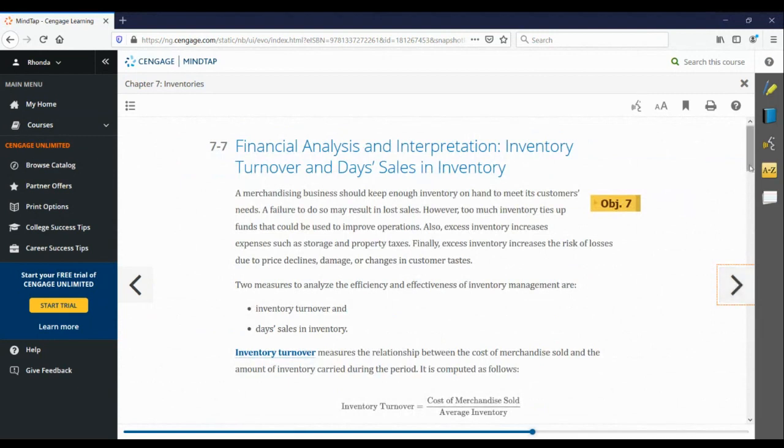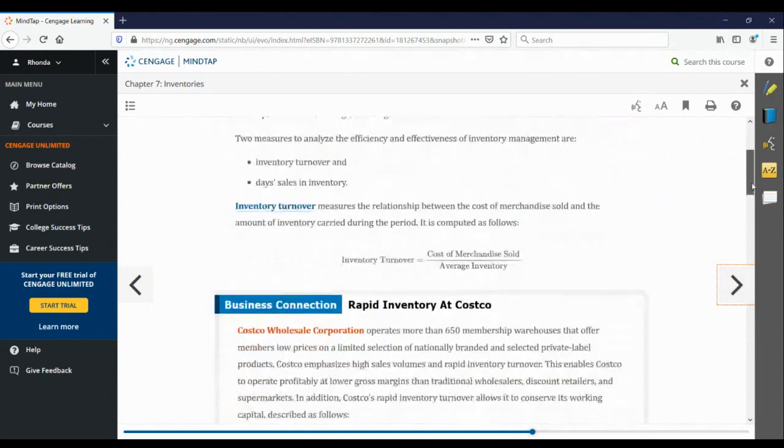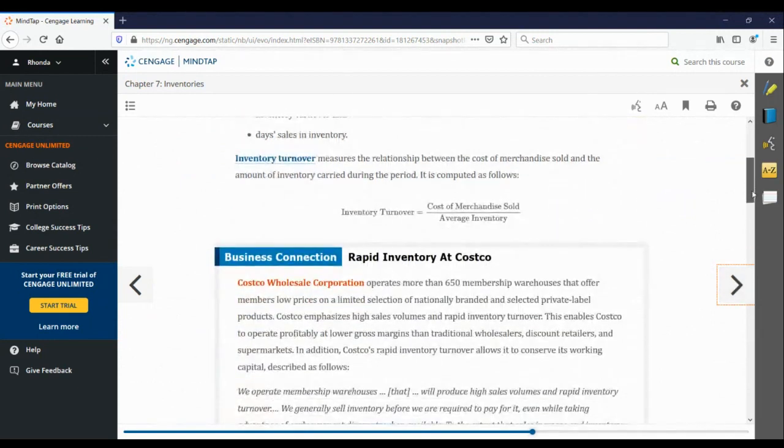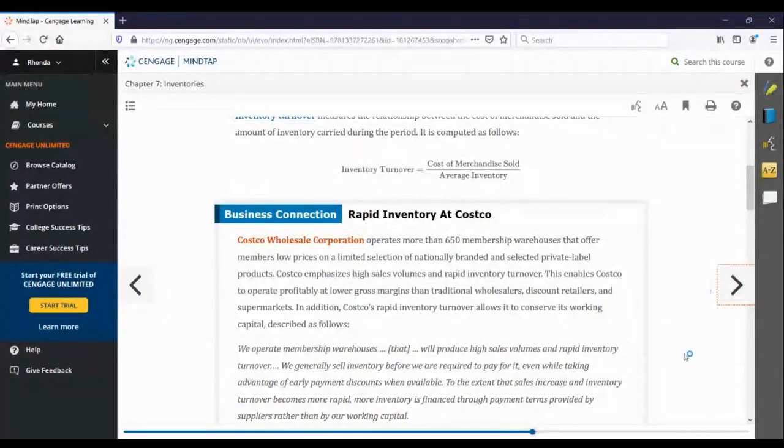That's about all I want to talk about for this particular chapter. I did feel like we needed to at least look at some of the other items that were in here. I want you to be sure and study the lower of cost or market method and the inventory errors, how they affect your financial statements. That's important.